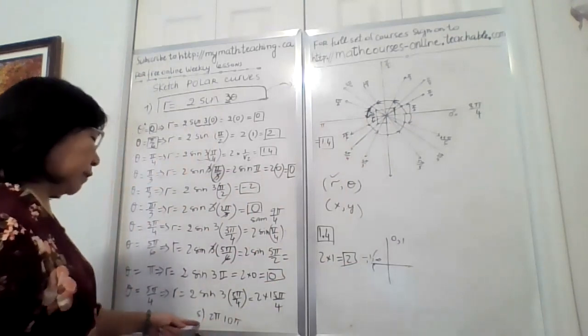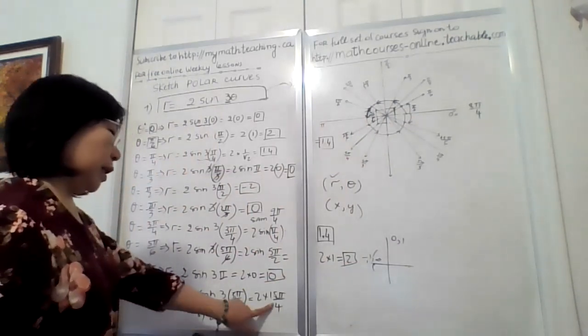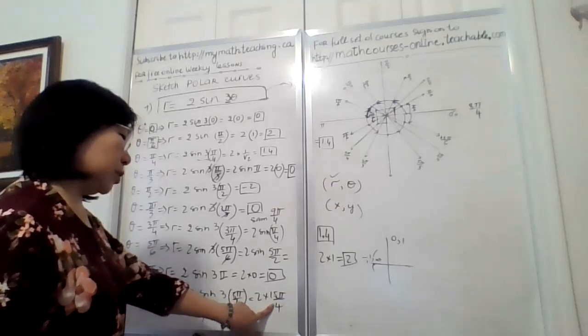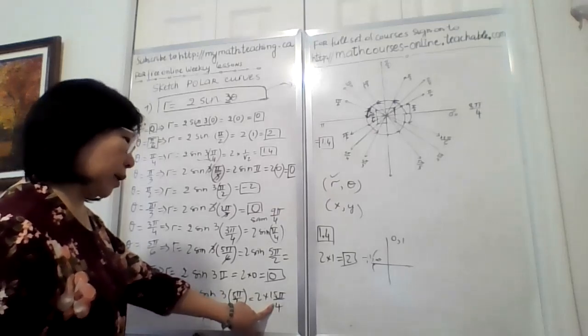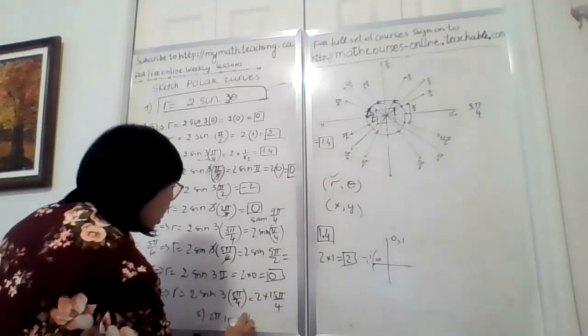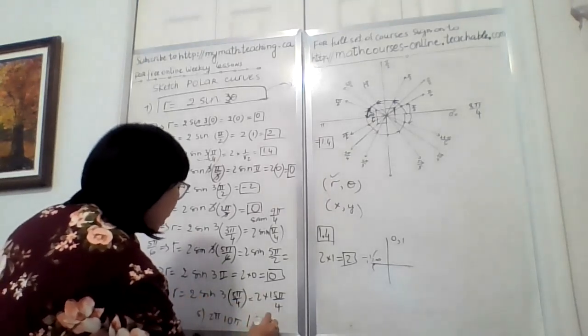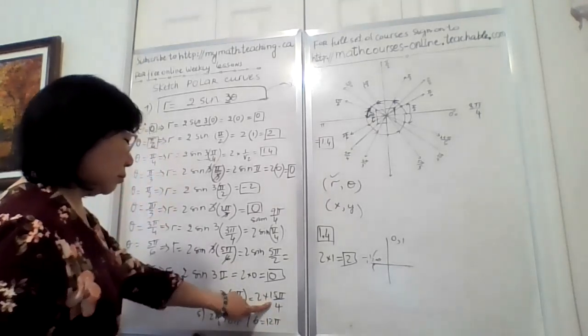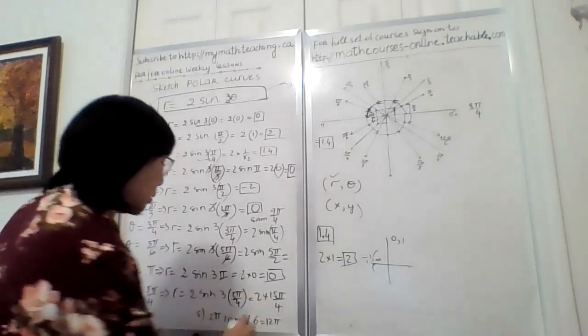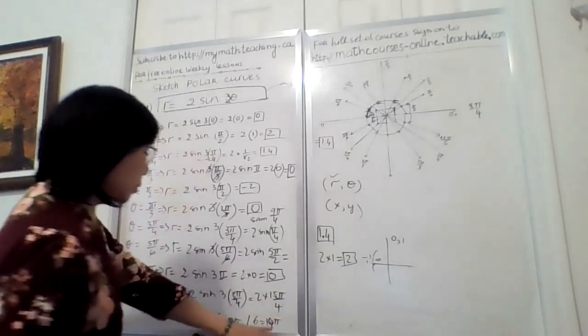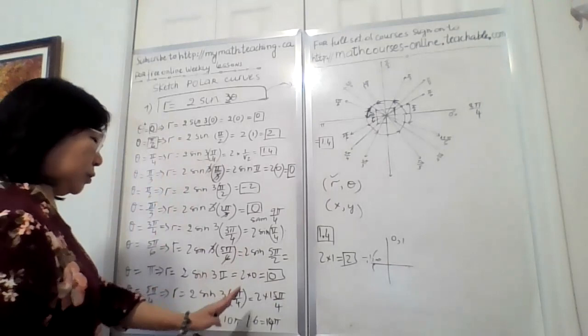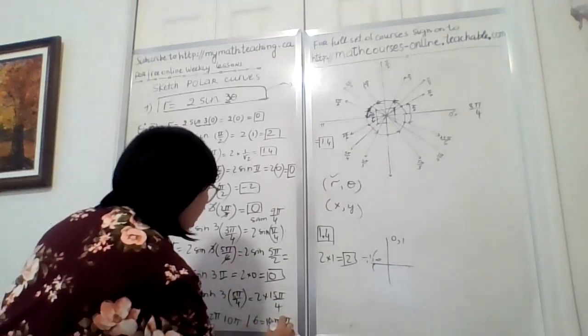10 pi is 5 rotations. And 6 rotations will be 12 pi. So 7 rotations, you have 14 pi. So after 14 pi of rotation, you get back to pi over 4.